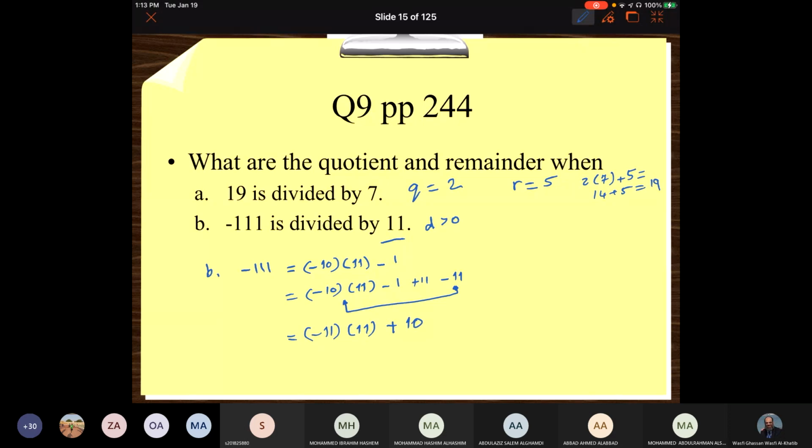Is 10 less than 11 and greater than or equal to 0? Yes. So what is the right answer? So therefore, Q is equal to -11 and R is equal to 10.